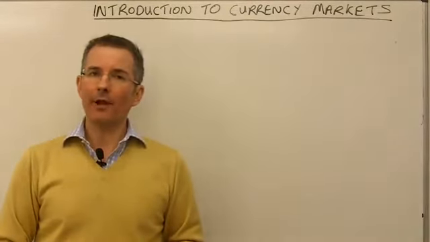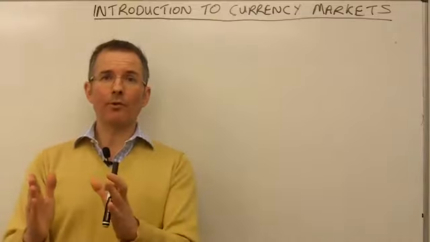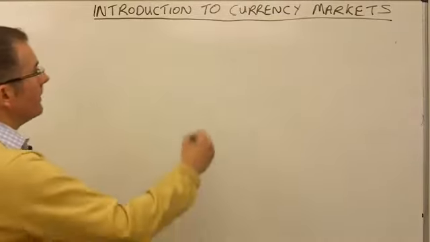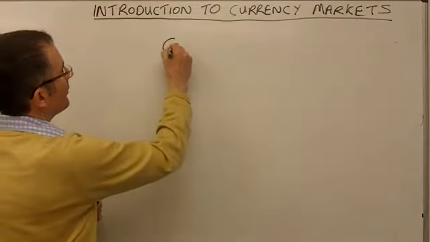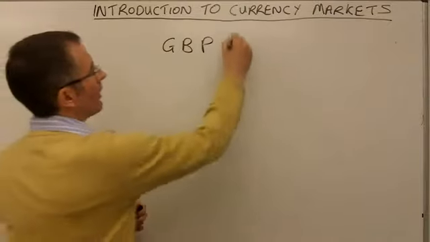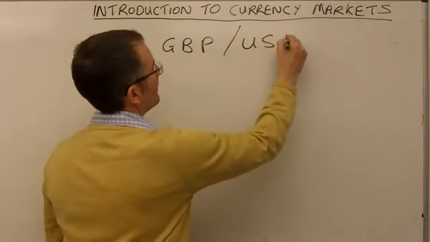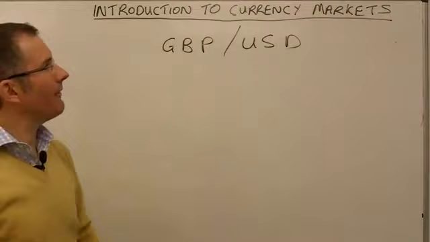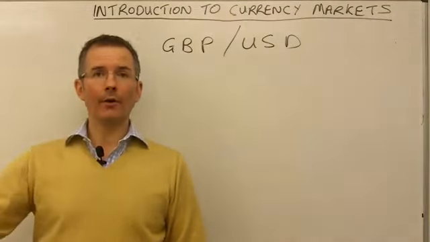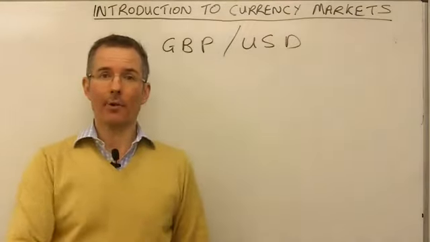And because currency traders like to keep things quick, they're all shortened. So when you're spread betting, for example, you'll often see sterling described as GBP, and you'll see US dollars described as USD. So all currencies have these little three-letter acronyms. Euro, not surprisingly, EUR, and so on.